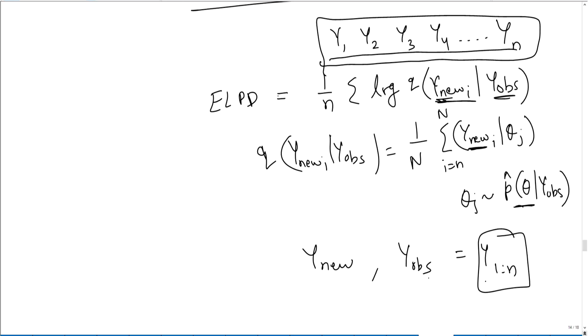Because when you train the model on this data y obs, the model will learn regular features of the data as well as some irregular features of the data. So the model is always going to be really good at predicting this data y1 to yn, but it may terribly fail when it comes to predicting some real, actual future data.